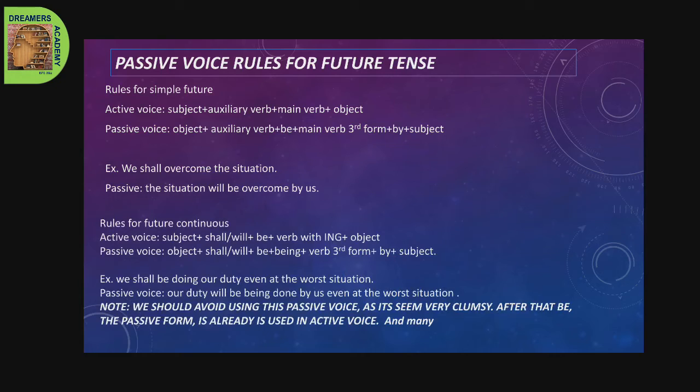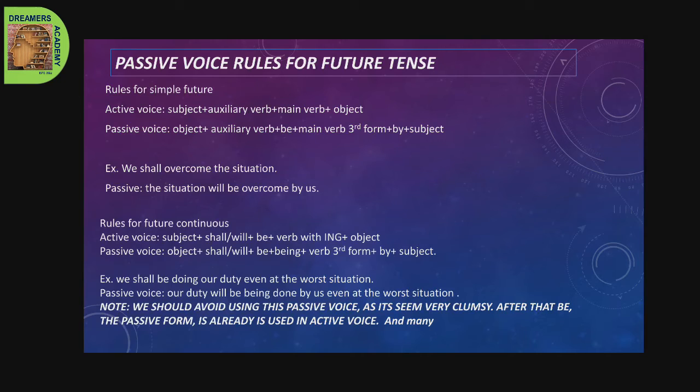Active voice is subject plus will or shall, then be, then verb with ing, then object. Passive voice is object plus shall or will, then be, then being, then verb third form, then by plus subject. Like, we shall be doing our duty even at the worst situation.